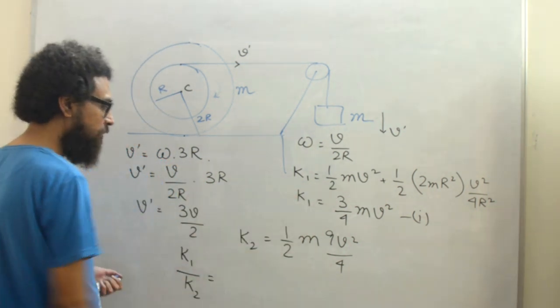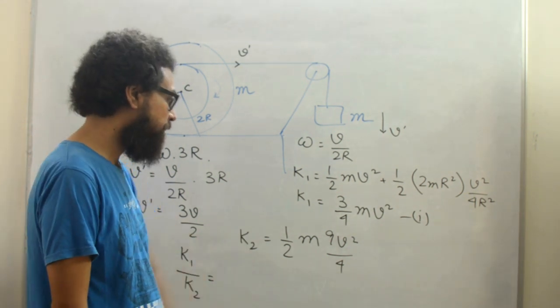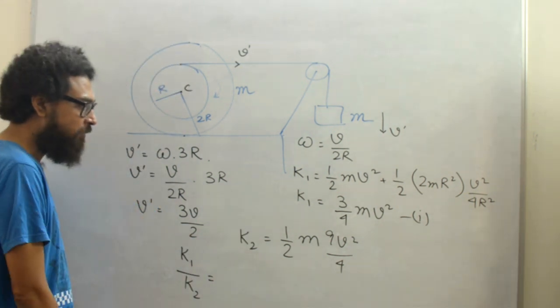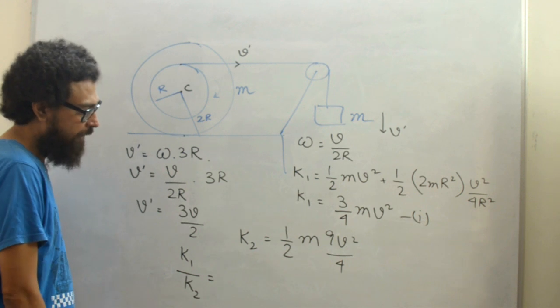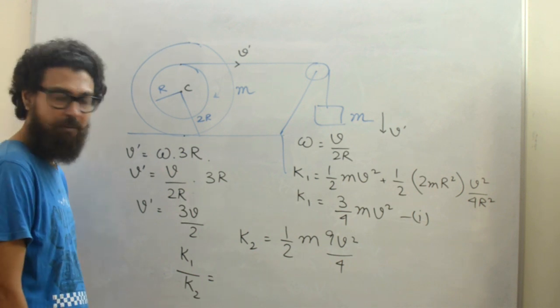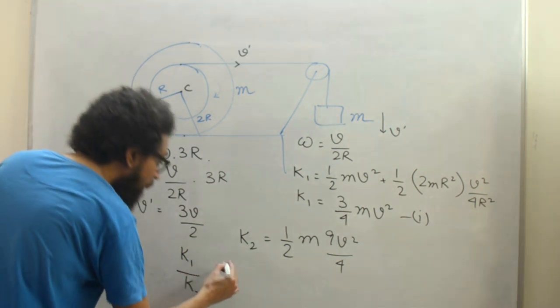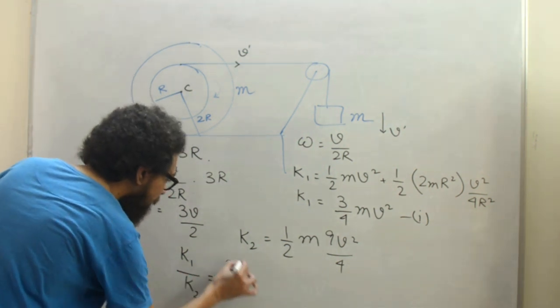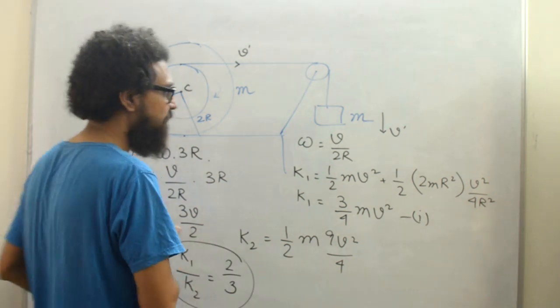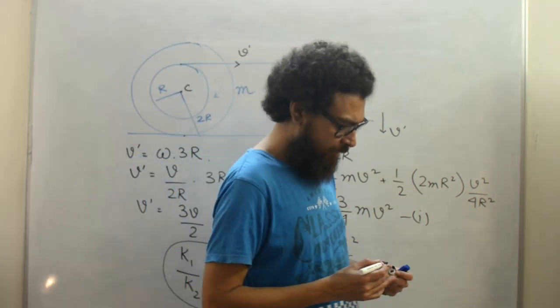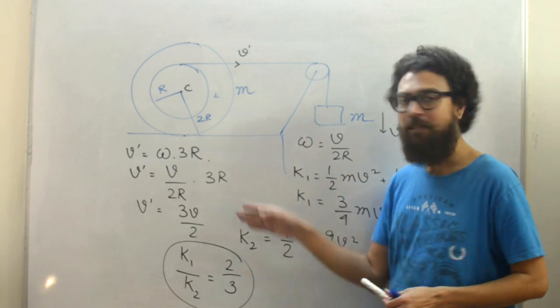This is 3 by 4 mv square, and this is 9 by 8 mv square. So dividing, what I am going to get is definitely, so this is the answer. Clear? You see, was it difficult?